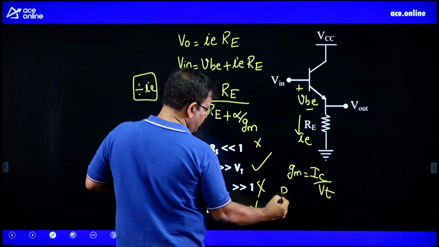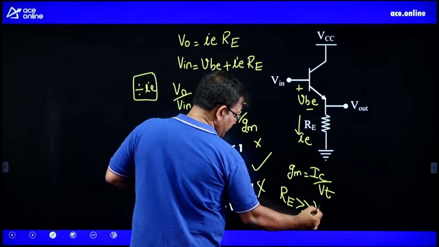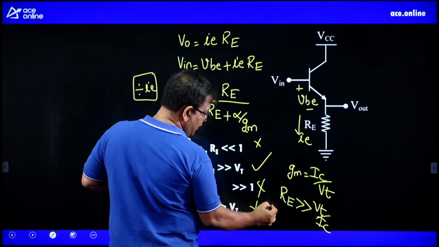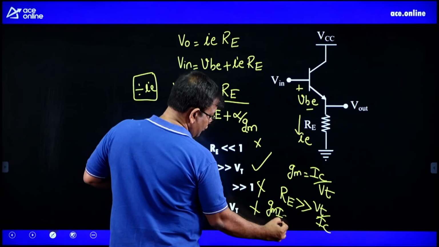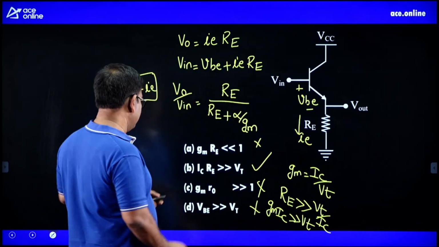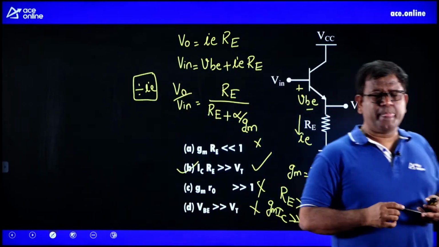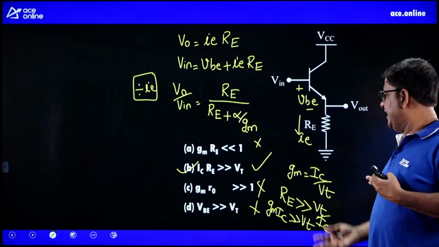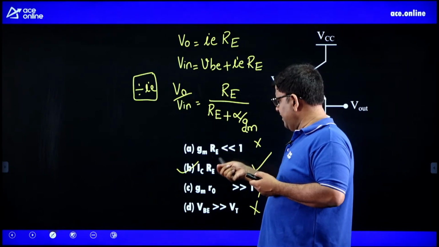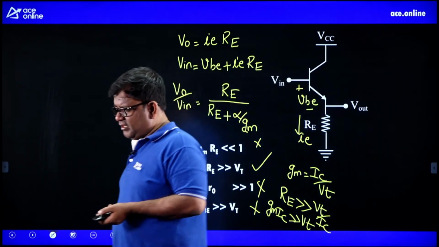So if your Re is much greater than 1 by gm, which is Vt by IC, then gm into IC should be much greater than Vt. Logically that is the only leftover option, because the other options do not make any sense. He is referring to Re and there is no Re here, and here Re is a very small value. So this option could be the possible solution.